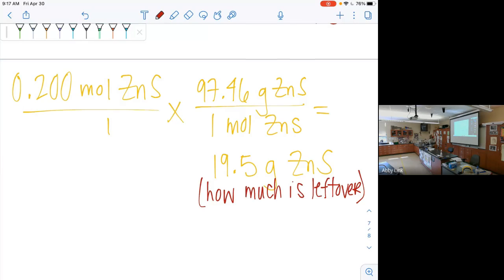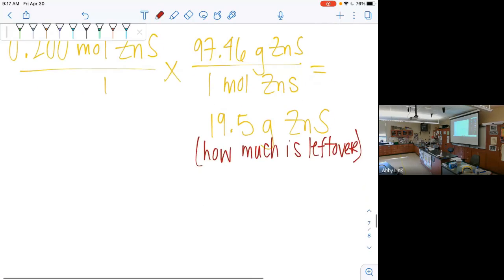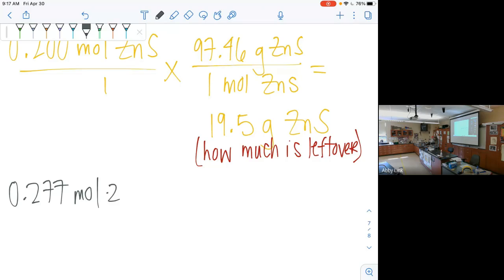All right, to finish off the problem, let's calculate our grams of ZnO that was produced because they did ask for that. So we're going to take our 0.277 moles of zinc oxide. Again, we already have our molar mass for zinc oxide, because we calculated all of those at the beginning.